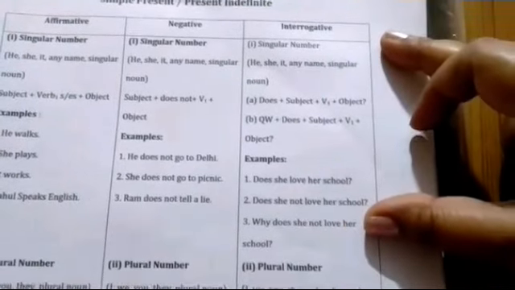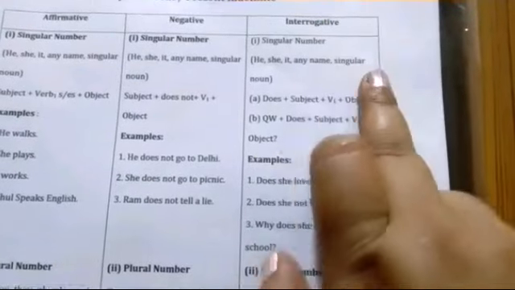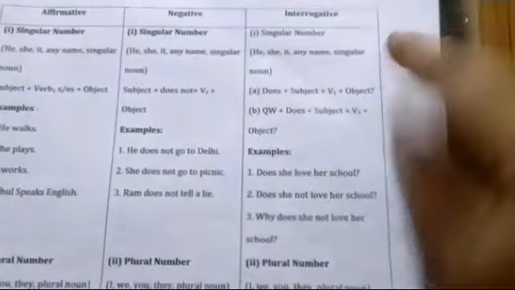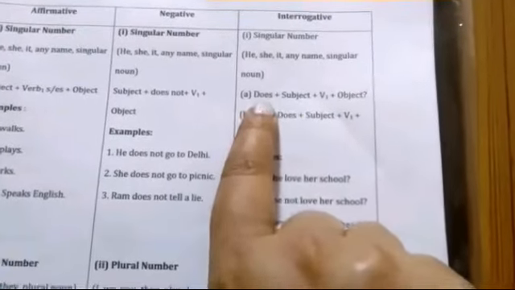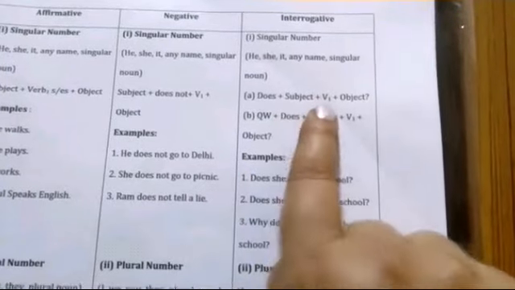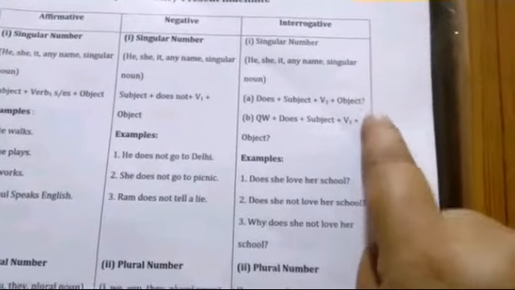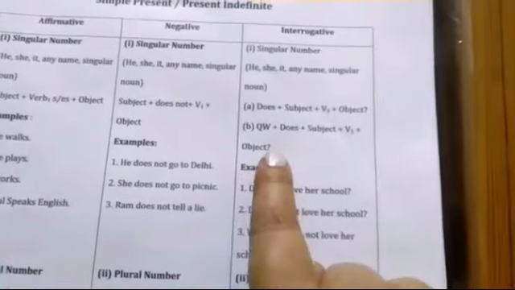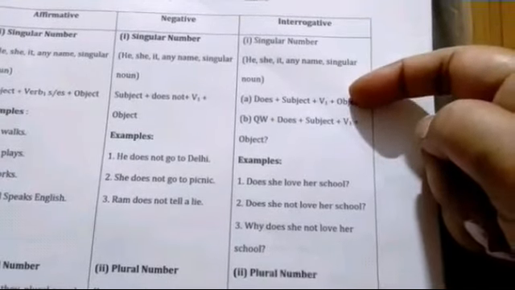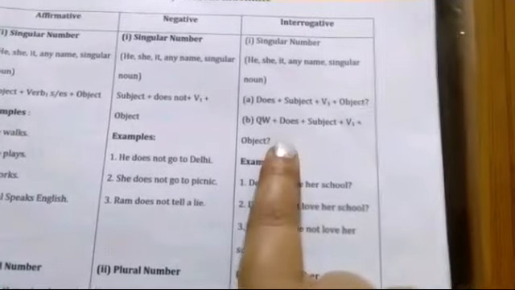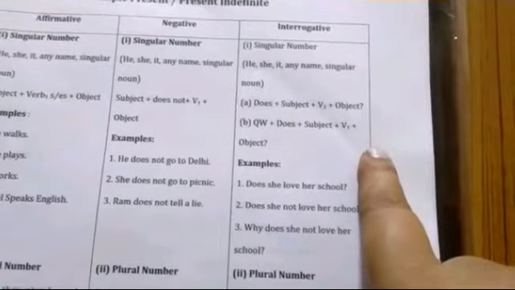And then interrogative sentence: singular number, he, she, it, any name, singular noun. The formula is we use does before the subject. So does, then subject, then V first and then object, and we use a question mark at the end of the sentence. And actually interrogative sentences are of 2 types: number 1, yes-no answer type, and number 2, question word question.